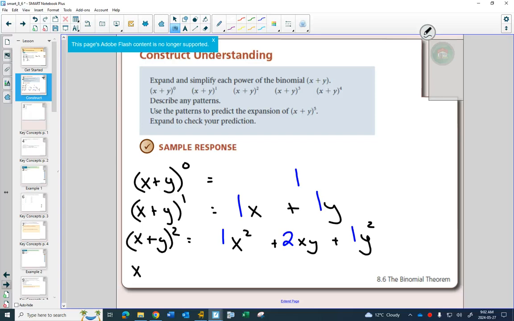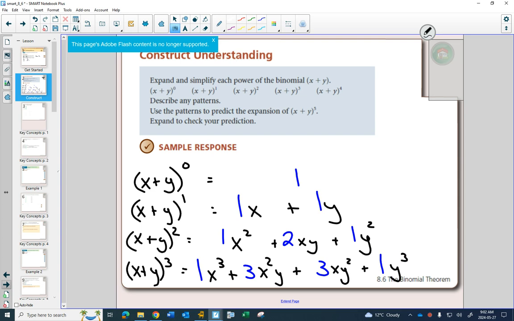If I do x plus y cubed, I'm going to get 1x cubed. And then I'm going to get 3x squared y. And then I'm going to get 3xy squared, and finally I'm going to get 1y cubed.